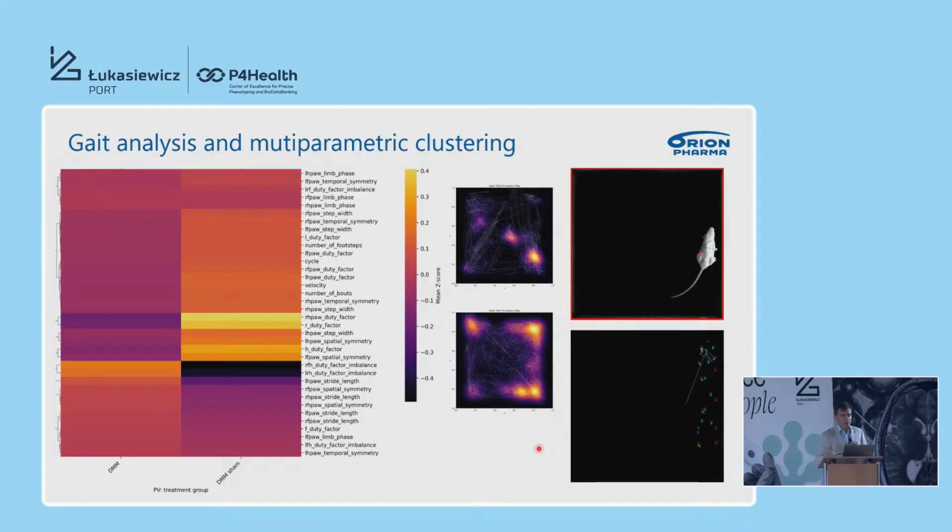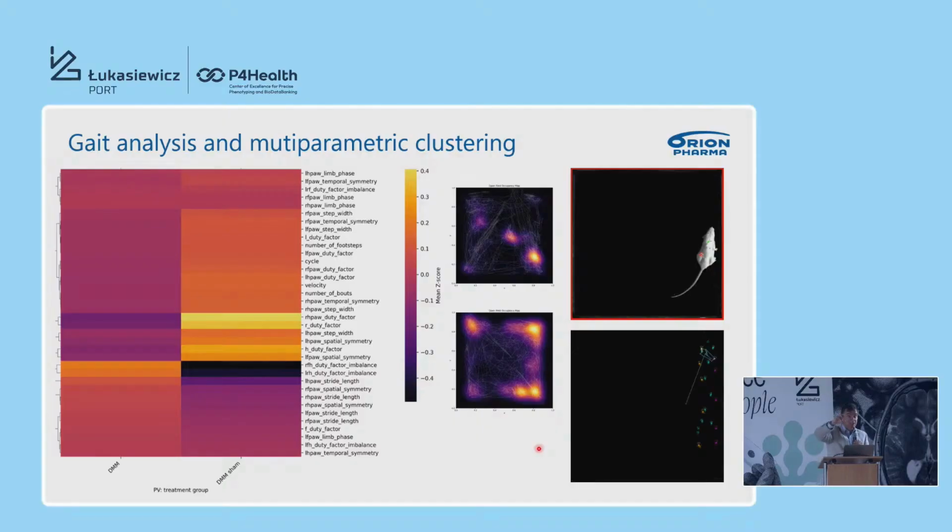So we believe that it will also allow us to use more than one parameter for description of behavior, so a more holistic description of the whole animal behavior. And then you can do more complicated assays like multiparametric clustering.